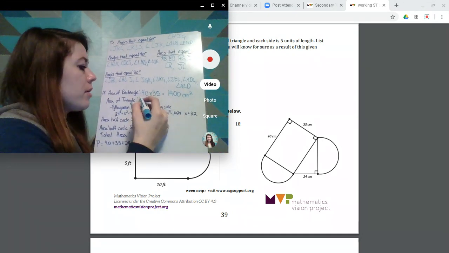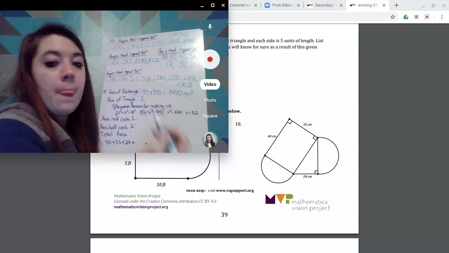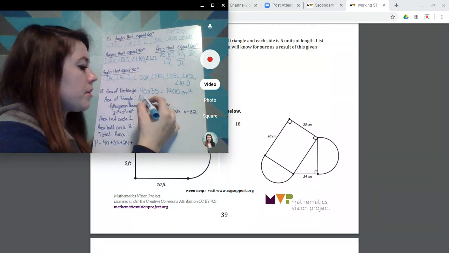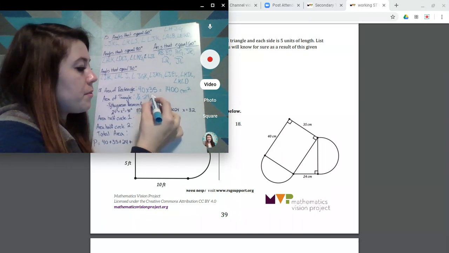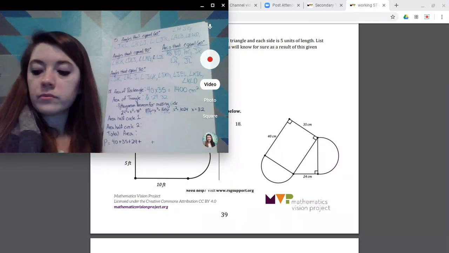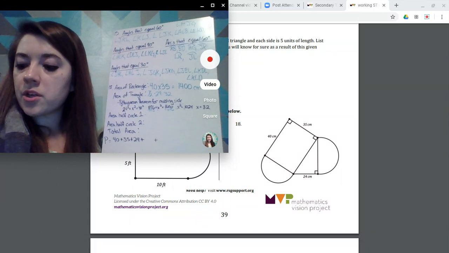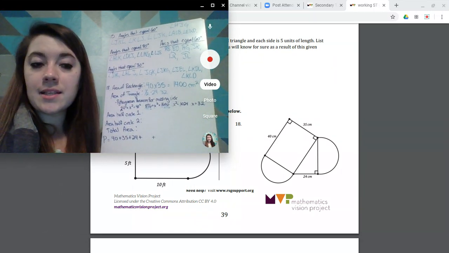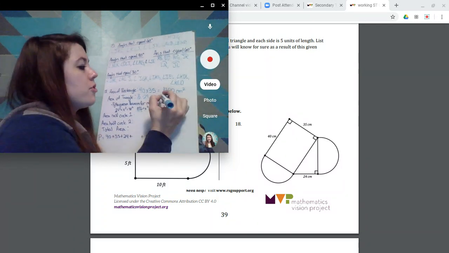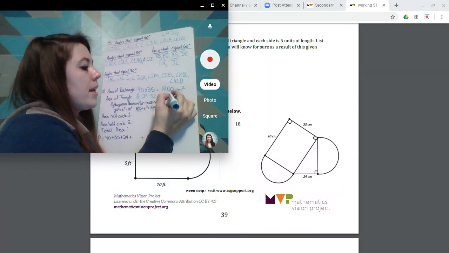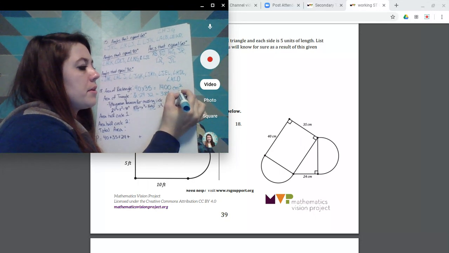So area of a triangle, so we're going to have 1/2. The base is 24, so times 24 times our height, which we just said was 32. So 24 times 32 gives us 768. Divided by 2 will give us 384 centimeters squared.